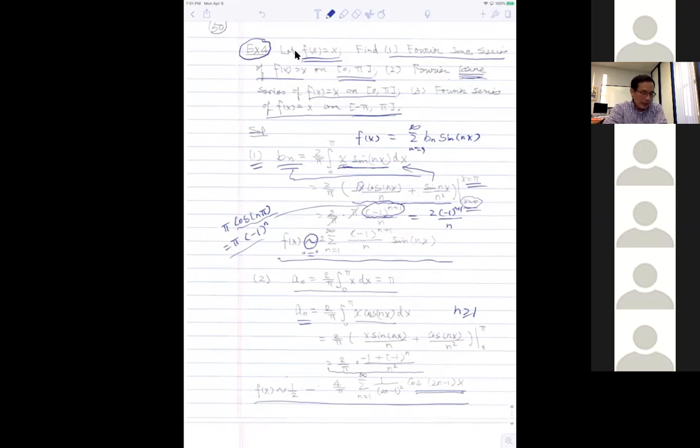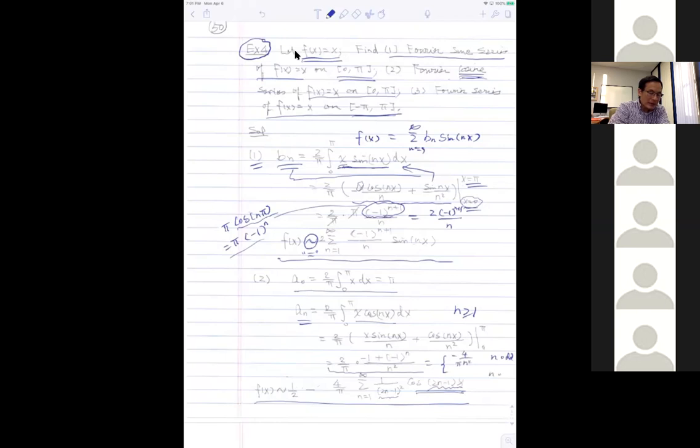Now, you notice that I have these terms here. The reason is that for this term, when n is odd, what happens? When n is odd, this would be negative 1, negative 1, I would get negative 2, so I would get negative 4 over pi n squared.